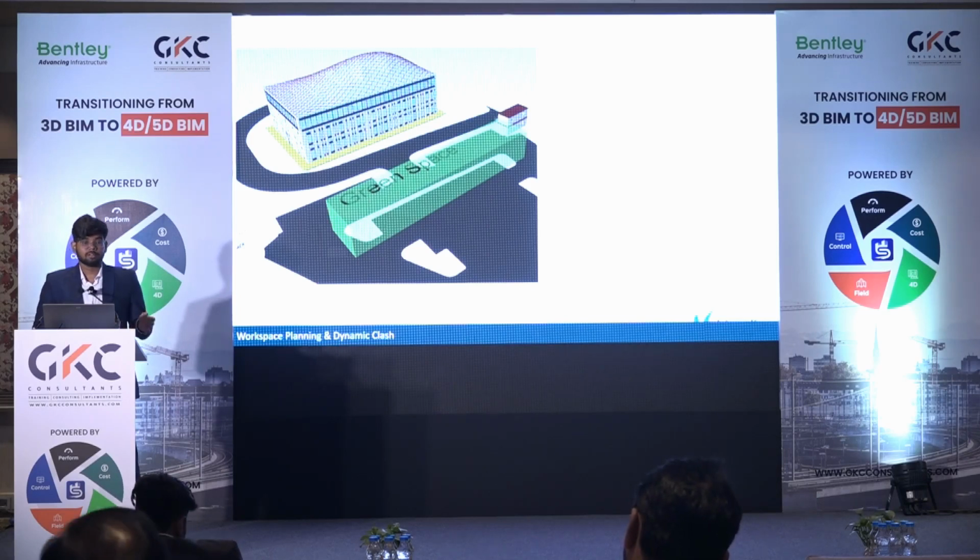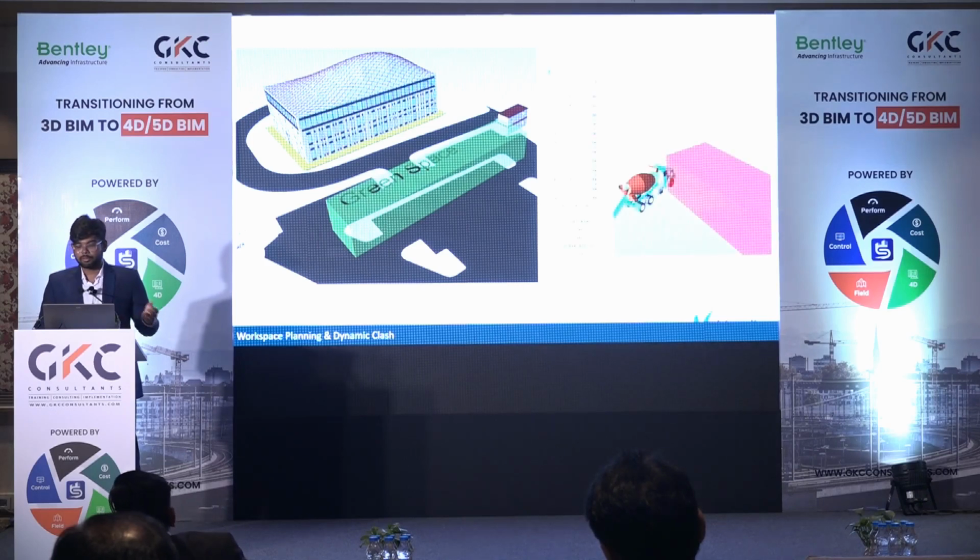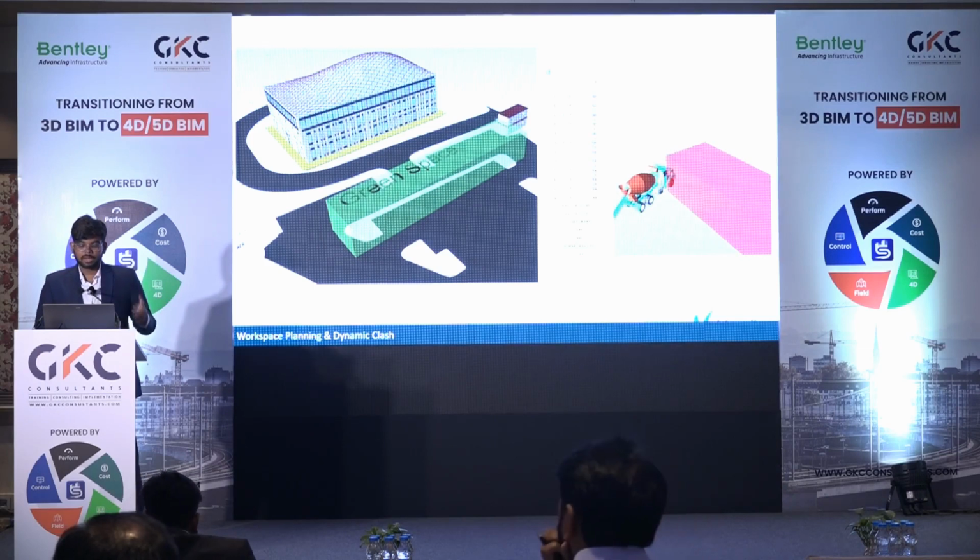Those can be soft clashes or hard clashes. For example, there is a particular zone that is a green space, and you want to protect it at any level. You don't want any equipment to go near that zone. How do you run a simulation? While doing your equipment planning, you find out that the path is getting encroached by the concrete truck you're using. Now this is an example of a pure dynamic clash where no time aspect is involved.